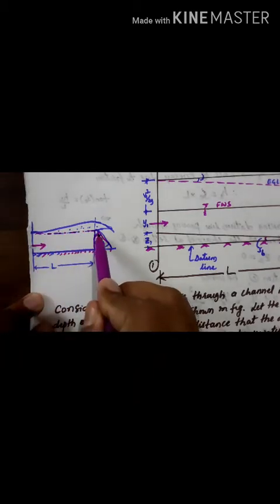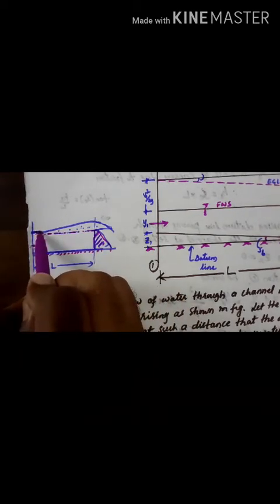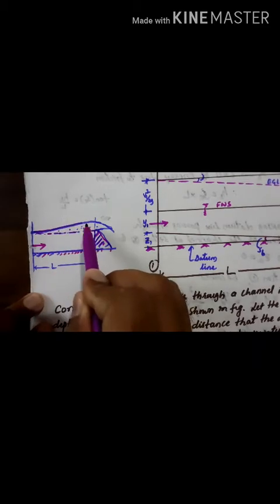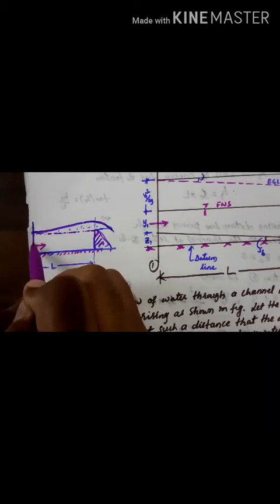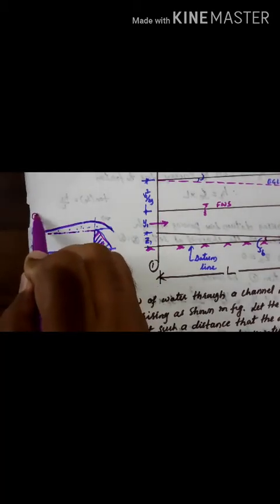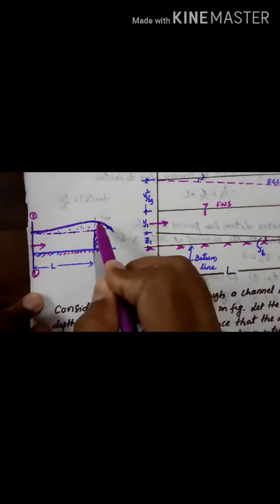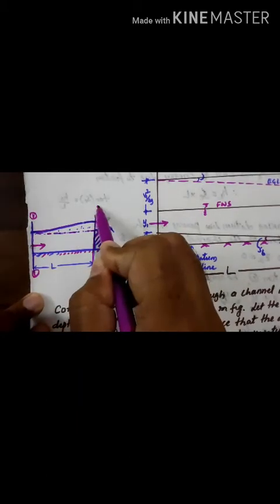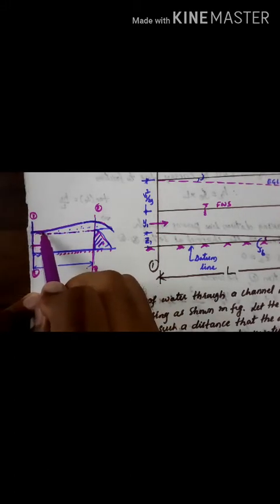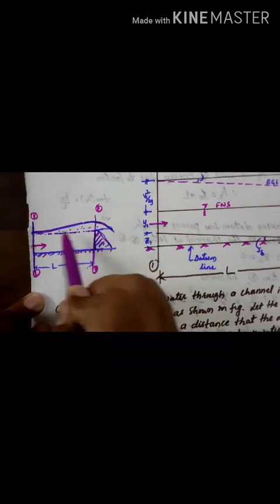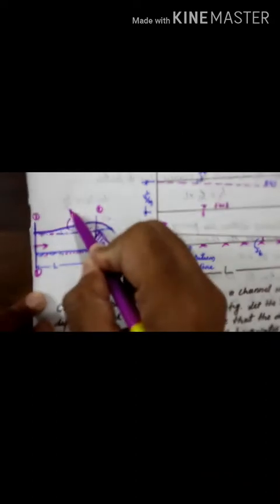Then as it approaches the obstruction, the flow depth gradually increases like this. The point where it starts rising is section 1, and the point where it reaches the maximum height is section 2. The length between these two sections is called the length of backwater curve, and the profile of the water behind the obstruction is called the backwater curve.